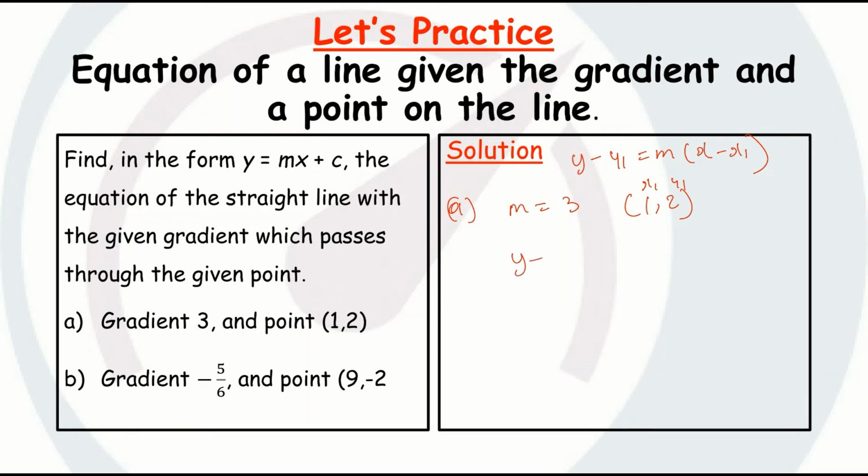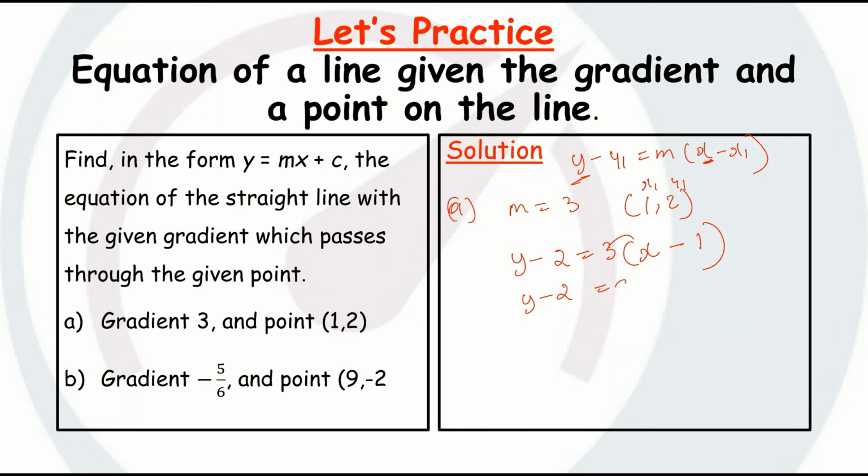So y minus, what is our y1, which is 2, is equal to m, which is 3, open bracket, x stays the same. Remember, we say that these don't change, minus x1, which is 1. So we have y minus 2 is equal to, now let's apply the distributive law.